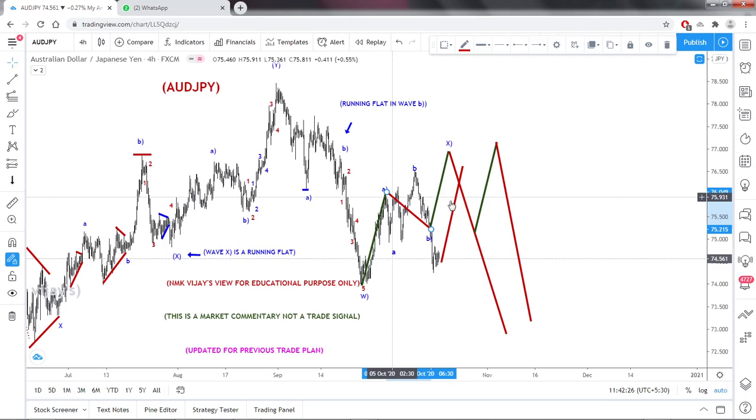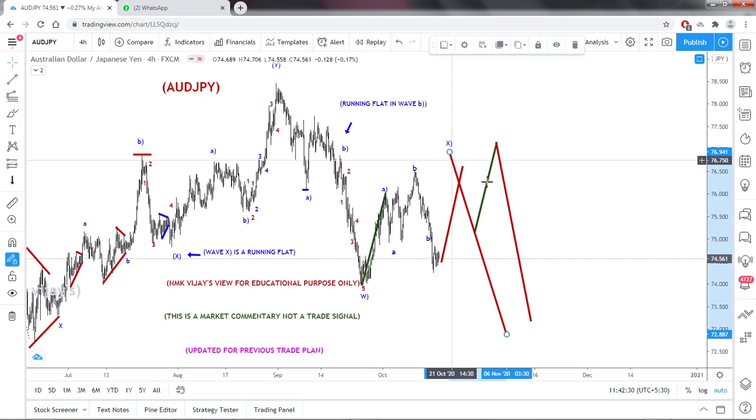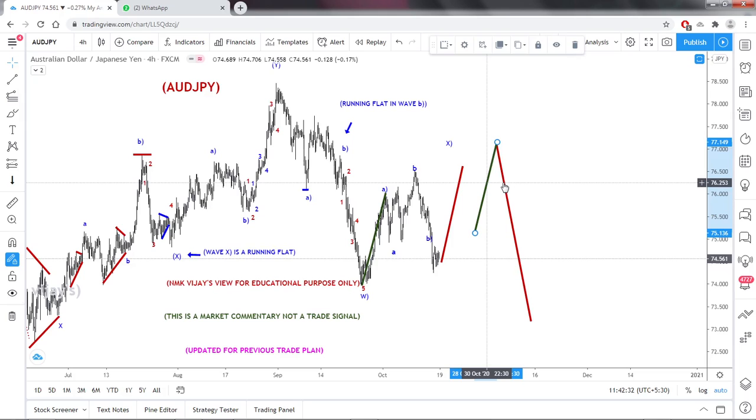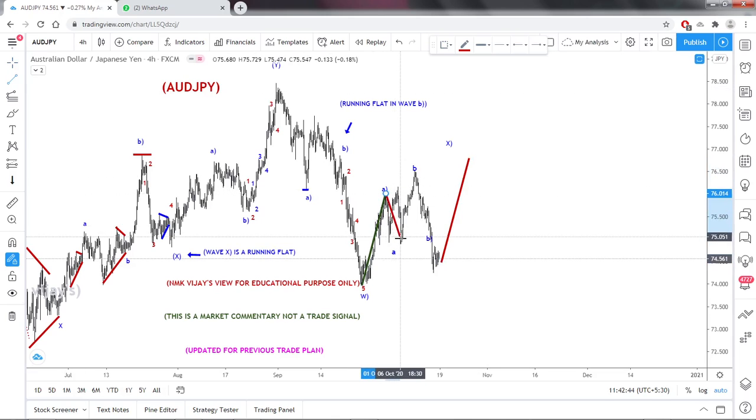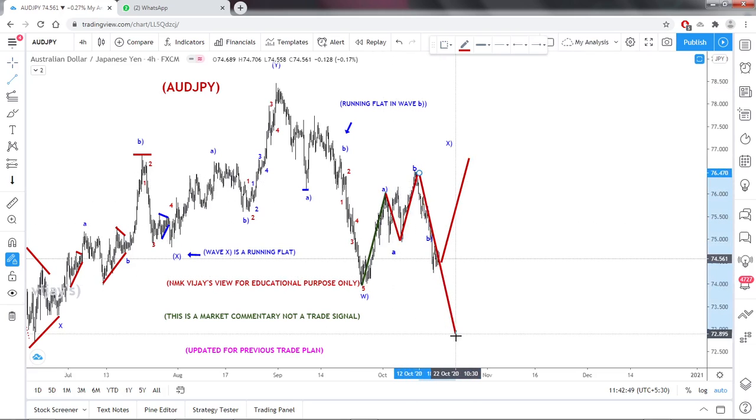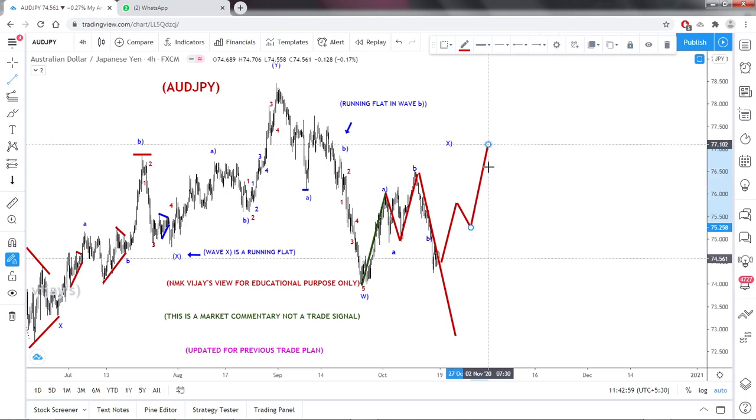Once again I will just delete this. So what I am expecting here is, it's simple, this is an A and B. If C has ended, it has to break this low, and if it is a connecting wave, there is a lot of chance for making another three-wave structure and then dropping again.